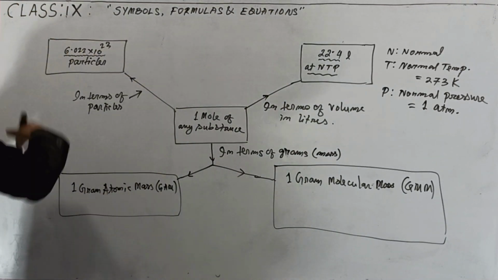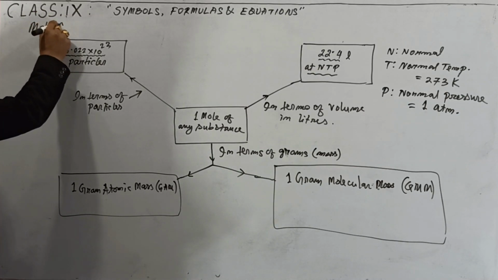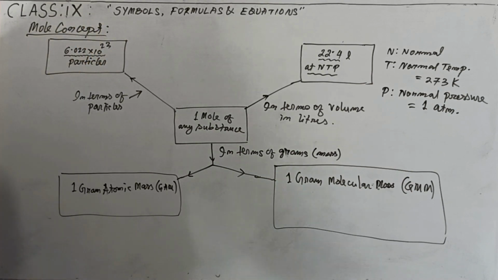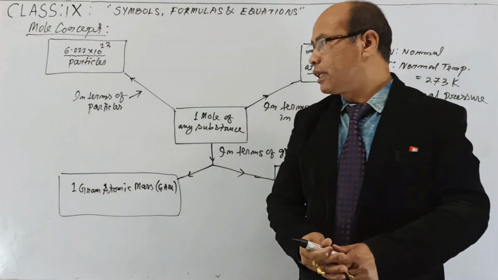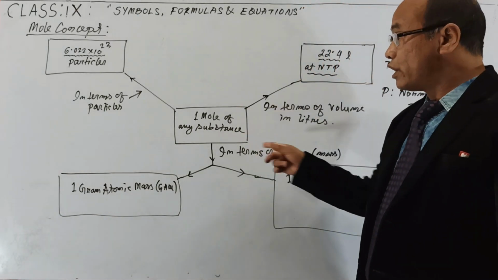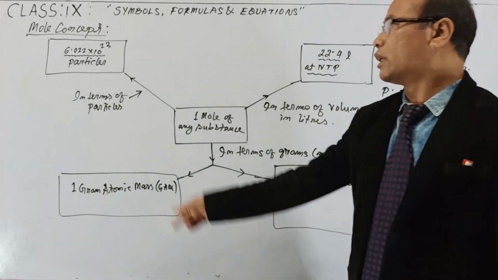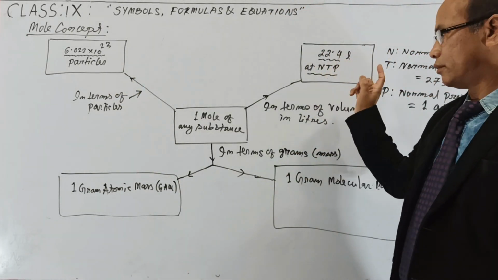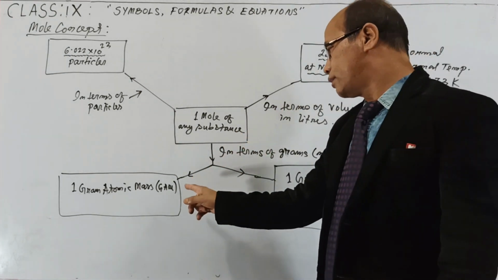All together, all these things are known as the mole concept. Then what is meant by this mole concept? Mole concept is a concept which correlates the number of moles and the number of particles and the number of liters and the number of grams.